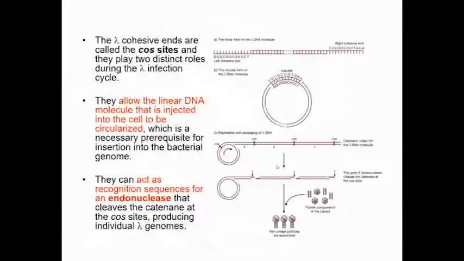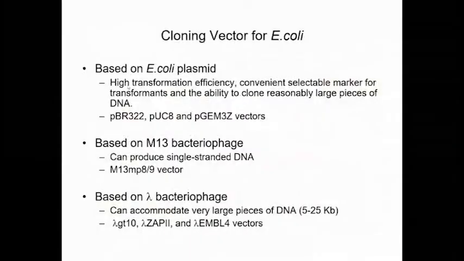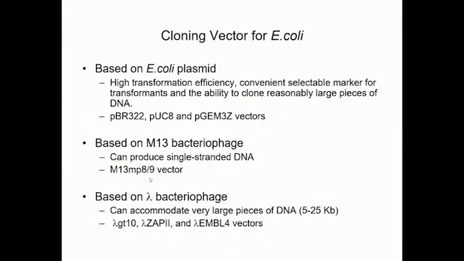So you have to know we have these three different types of cloning vector for E. coli: based on the E. coli plasmid, based on M13 bacteriophage, or based on the lambda bacteriophage.